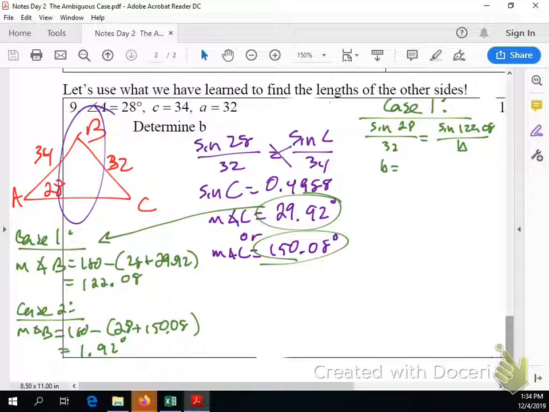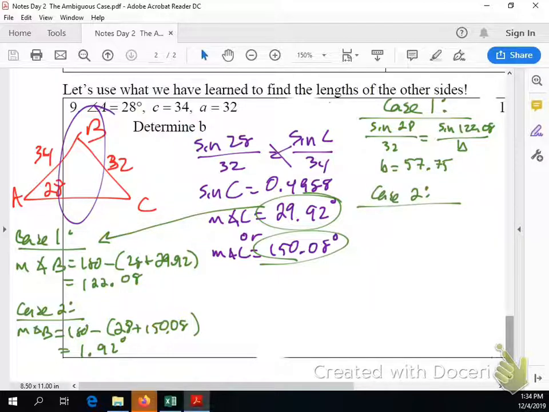So we multiply 32 times sine of 122.08 and then divide that by the sine of 28. And so little b might be 57.75. Okay, in the first case.